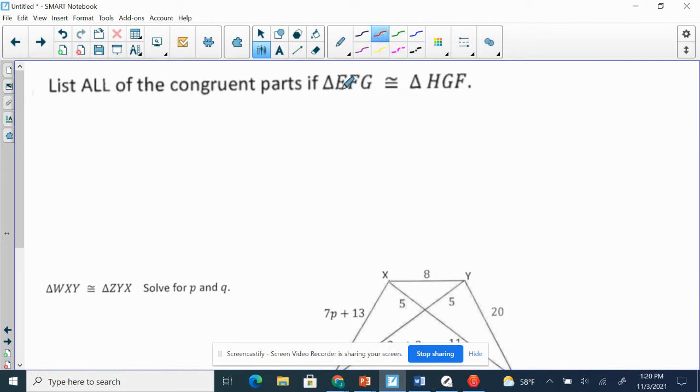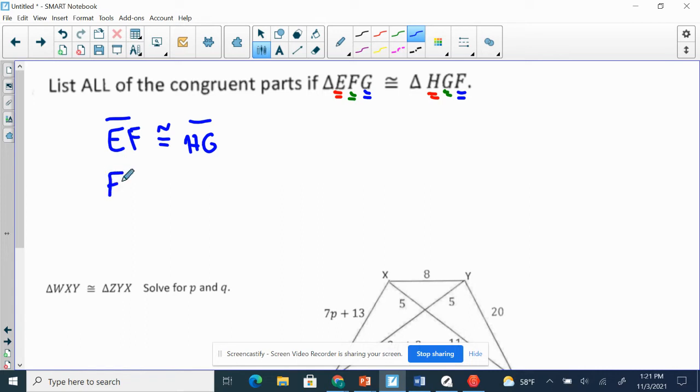Again, it's just calling out that you know that E goes with H, F goes with G, and then G goes with F. So the congruent parts: side EF is congruent to side HG, because of the order in which they're written.